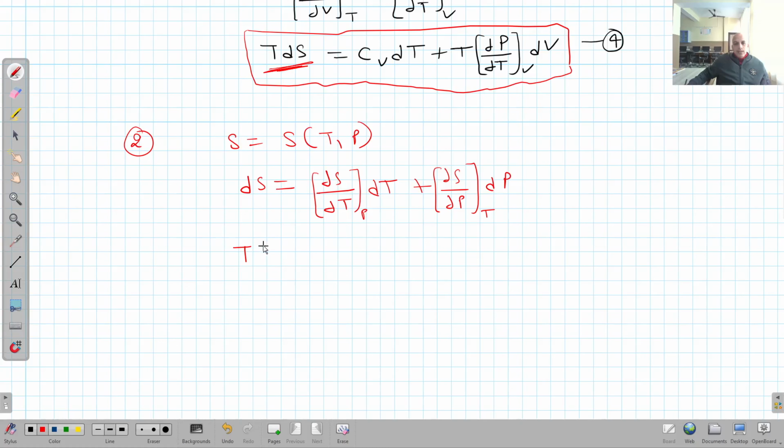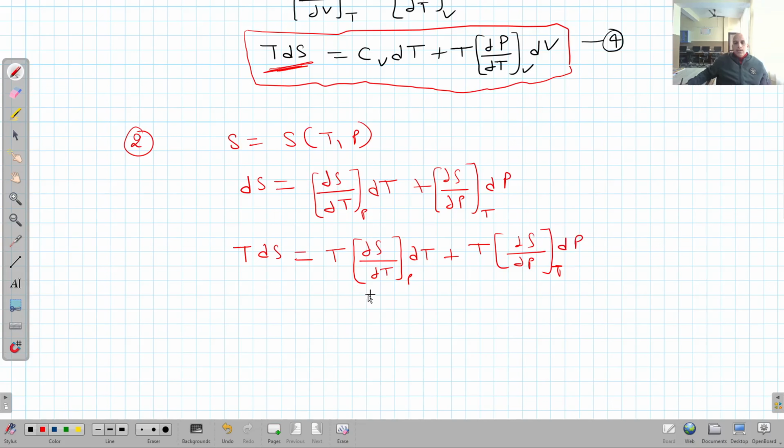Again multiplied by T on both the sides. Then I got TdS is equal to T (∂S/∂T) at constant pressure dT plus T (∂S/∂P) at constant T dP.